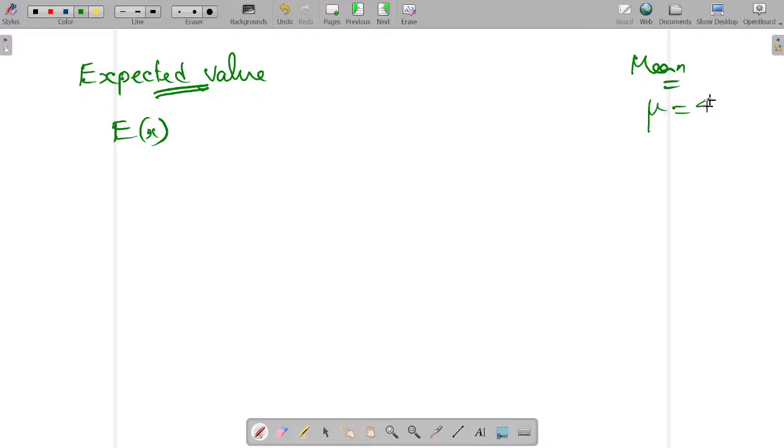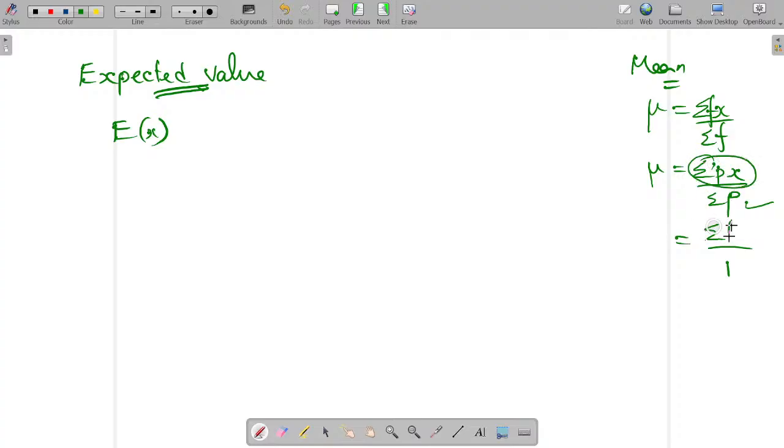Mu is equal to summation f into x, summation fx by summation f, in discrete and continuous cases. Instead of f, we have probability value. So this will be mu is equal to summation p into x divided by summation p. What is summation p value? Total probability. Always 1. Okay.